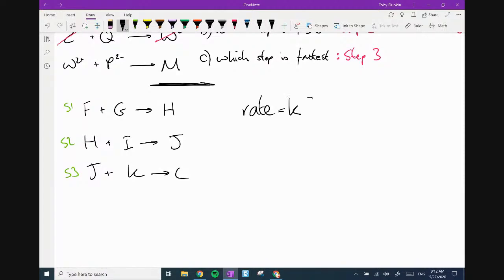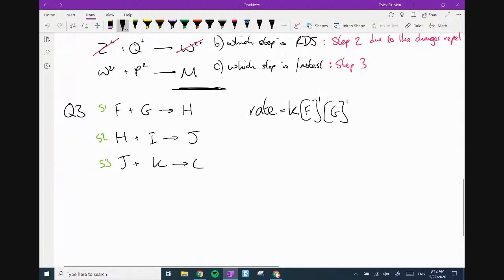Rate equals k, F to the power of 1, and G to the power of 1. So, as a result of that, you can now say, question, RDS?